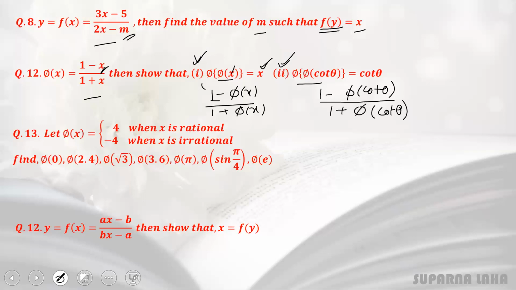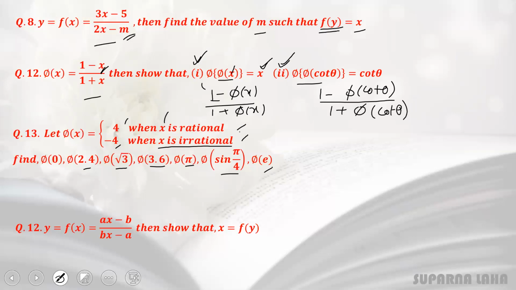Okay, so if this type of function is given, if x is rational, then the value of the function is 4, and if x is irrational, the value of the function is -4. So first of all, you need to find which one is rational and which one is irrational from these given values, that is 0, 2.4, root 3, 3.6, pi, sine pi by 4 and e.